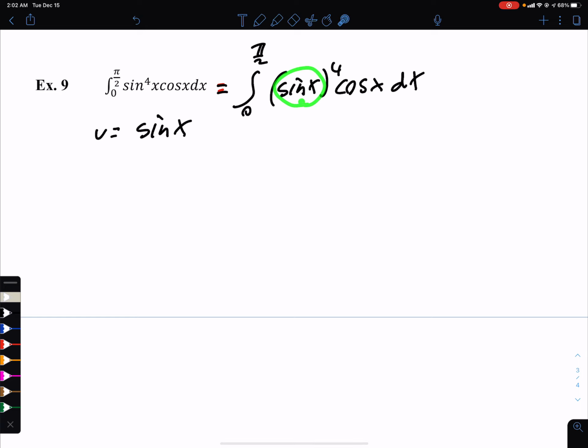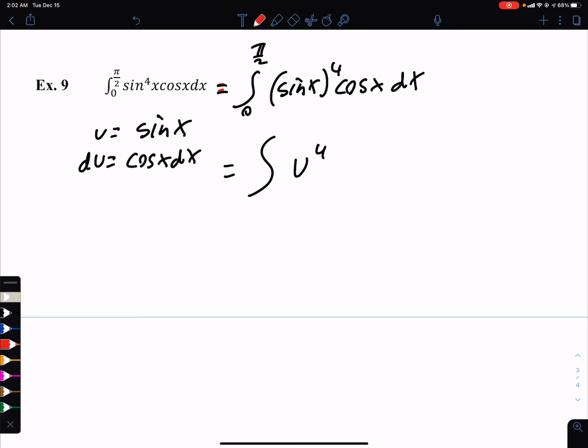So that way I just get u to the 4th, which is pretty. That'll become u to the 4th. But I need to get rid of dx, right? So I'm going to take the derivative. Du is cosine x dx.